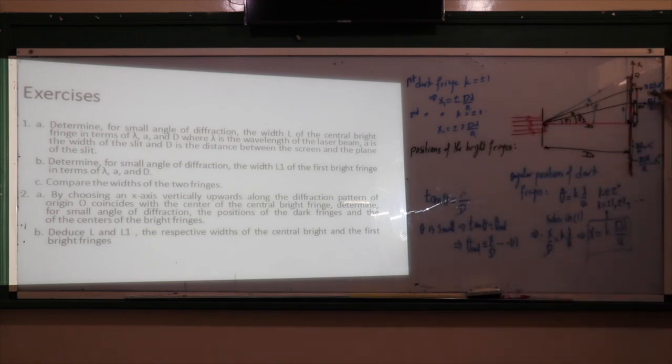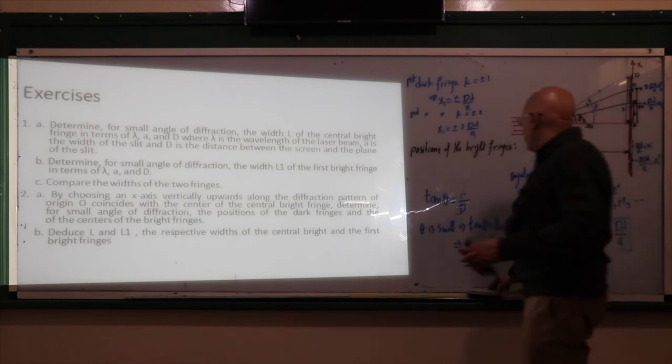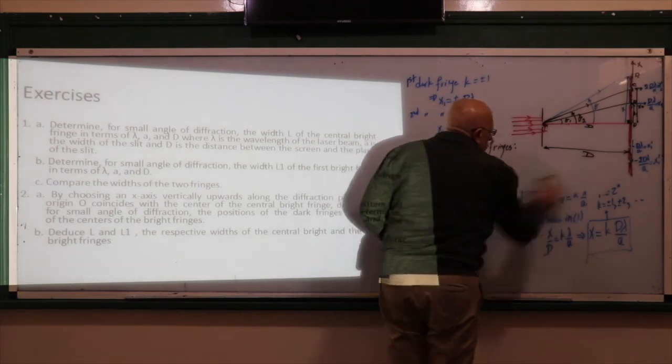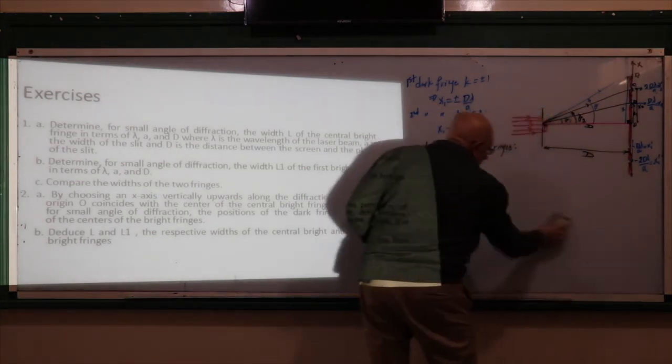As we said during the course, I determine the position of the bright fringes by their center, because they have dimension. So this is the position of the first bright, and also this is the position of the first bright. This is the second. This is the second. Okay. The central bright fringe is given by x equals 0 because it is at the center.